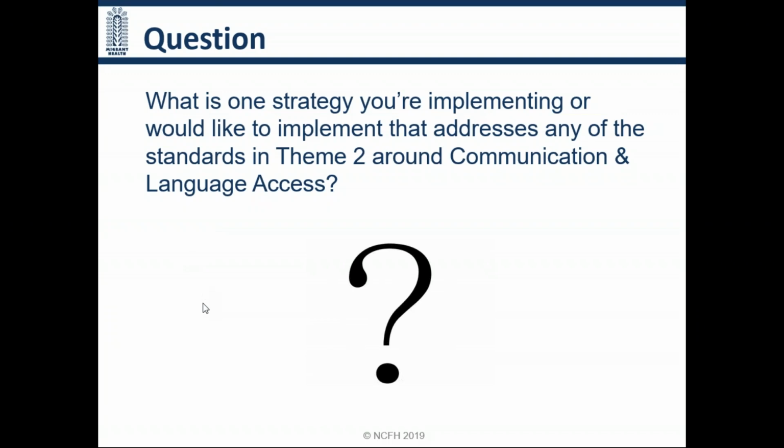Just take about a minute, answer in the chat box, and then we'd love to hear your voice. If you're willing to share verbally, Sylvia can unmute you if you use the raise your hand icon, so we can have a discussion about this.